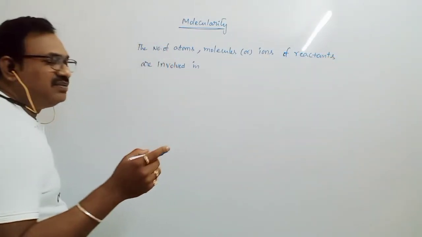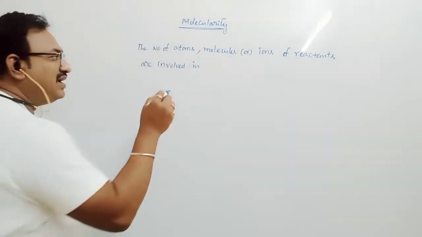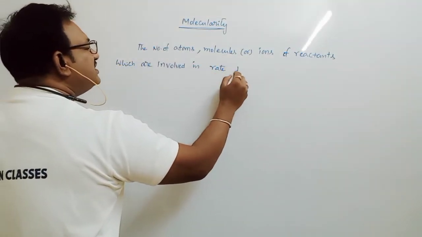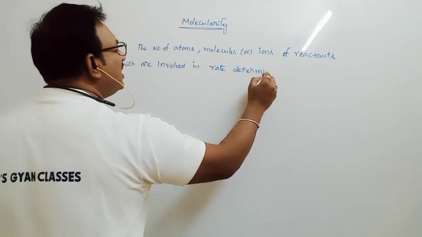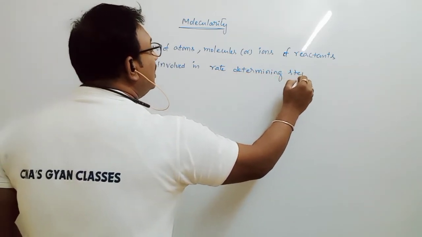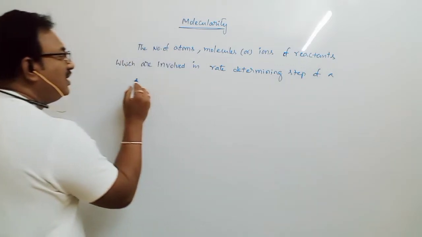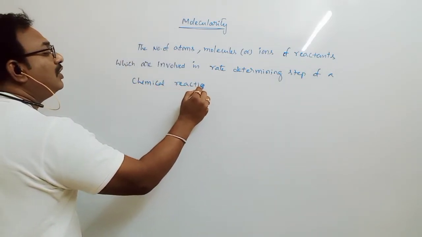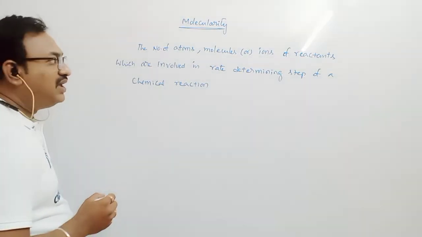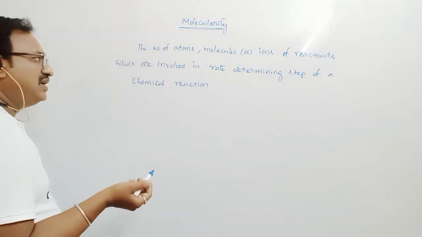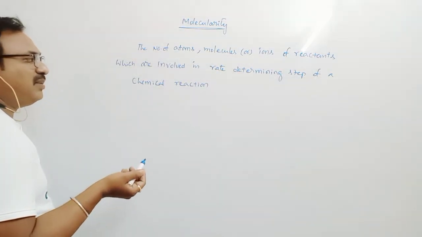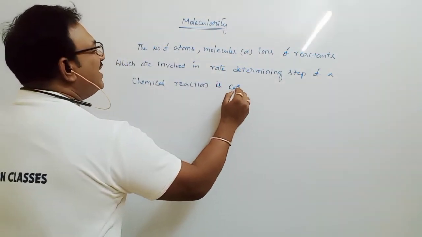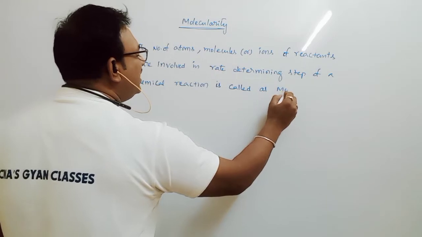The number of atoms, molecules, or ions of reactants which are involved in the rate determining step of a chemical reaction or chemical process is called the molecularity of the reaction.